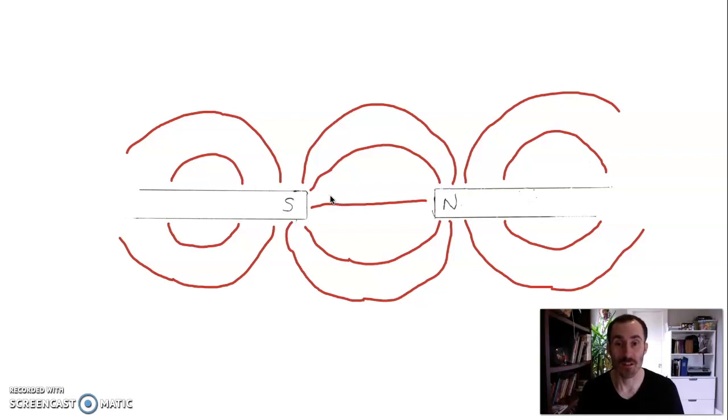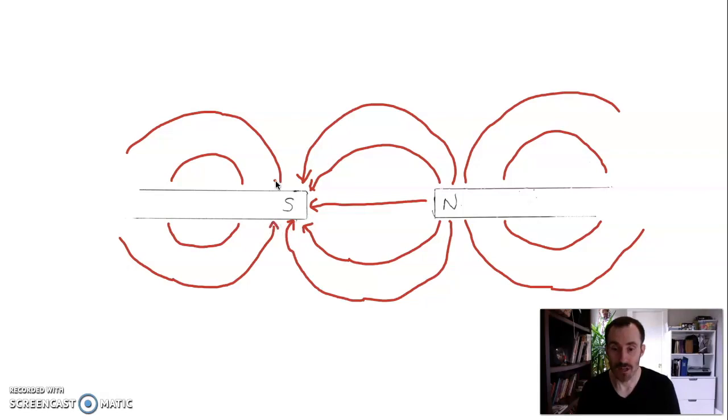We saw that the field points in the direction of a compass, or it points in the direction of the force on a north pole. So a north pole would be attracted to the south pole, and so all of our field lines should point inward toward that south pole.